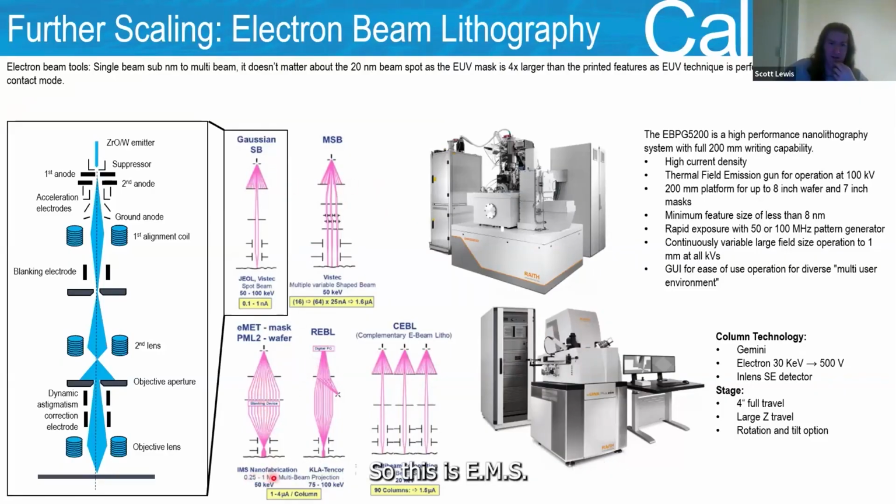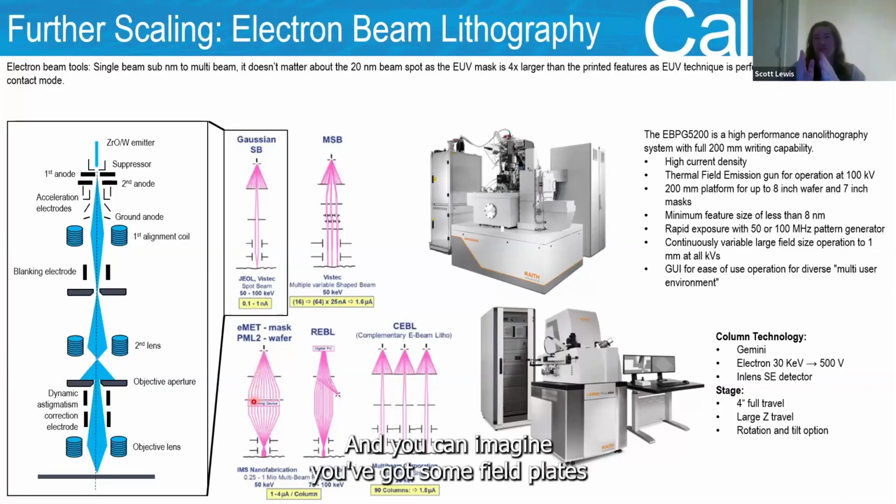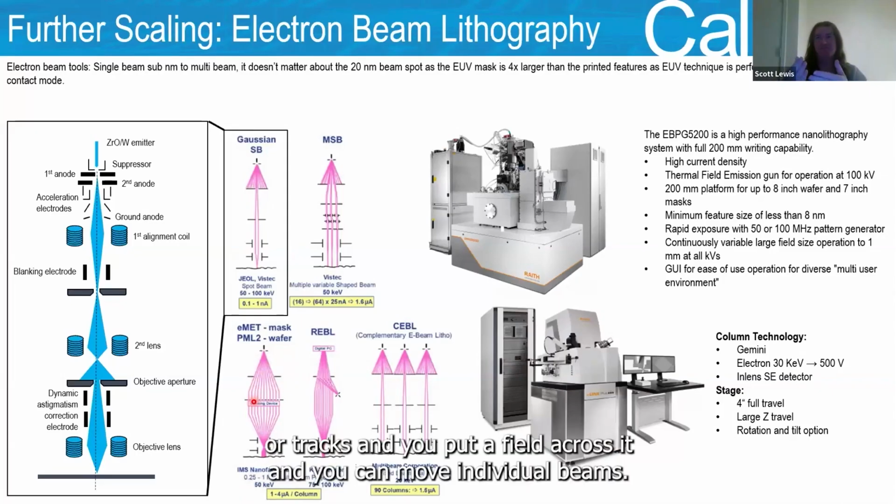This is IMS Nanofabrication, and they work at 50 kV. 50 kV is optimum, and you'll see why that is for a resist. What they have is 212,244 beams all working through an aperture plate. You can imagine you've got some field plates or tracks, and you put a field across them, and you can move individual beams.